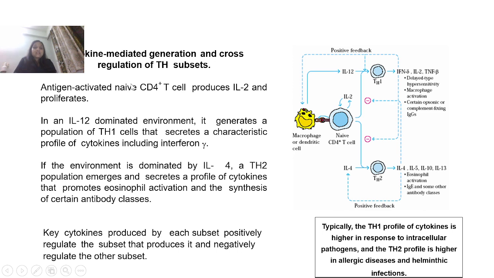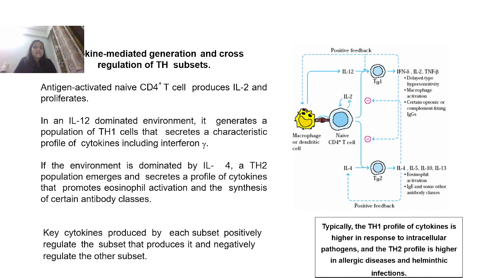So, cytokine-mediated generation and cross regulation of Th subsets. Here you can see, for example, there is a macrophage or dendritic cell. You know, macrophages or dendritic cells are APCs, or antigen presenting cells. It will present the antigen which is entering into our body to the T cell.